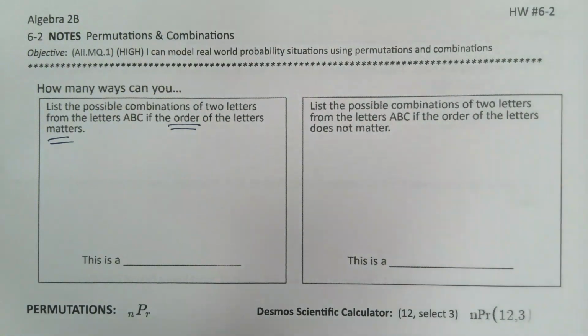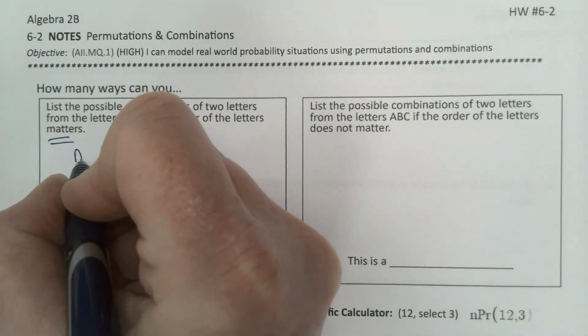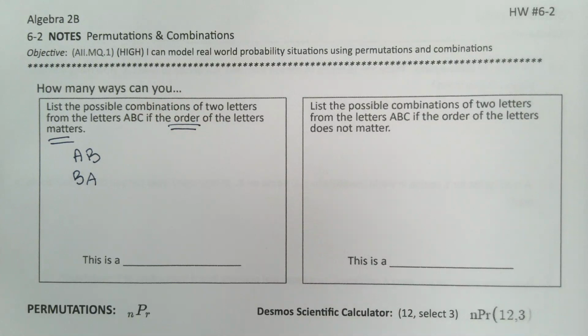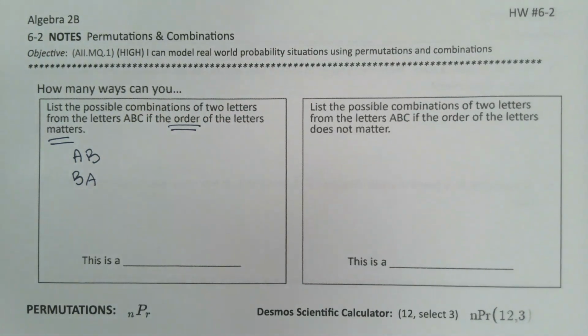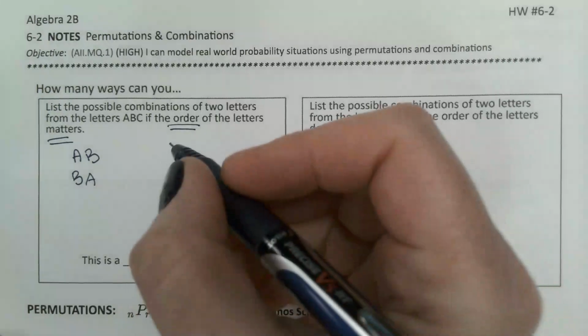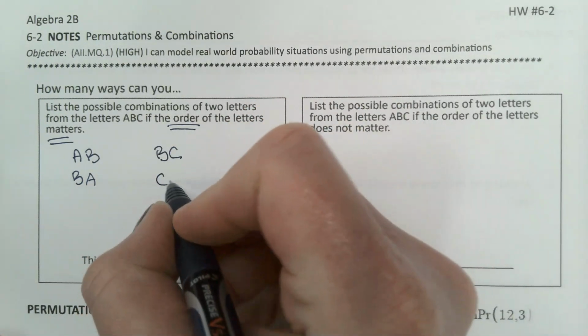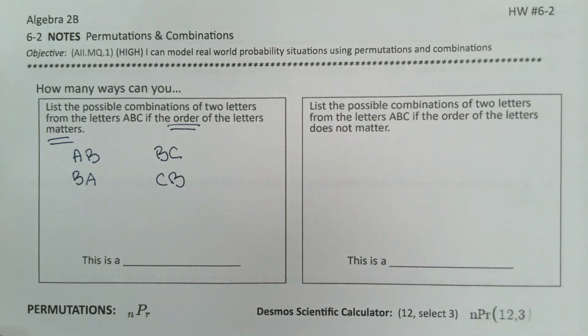So when the order matters, I'm saying that AB and BA are distinctly different because the order matters here. I'm saying that BC and CB are totally different because the order matters.